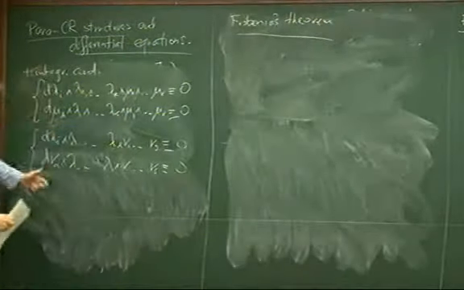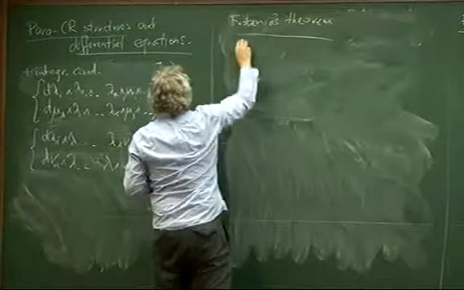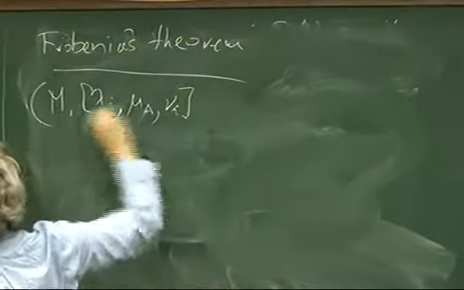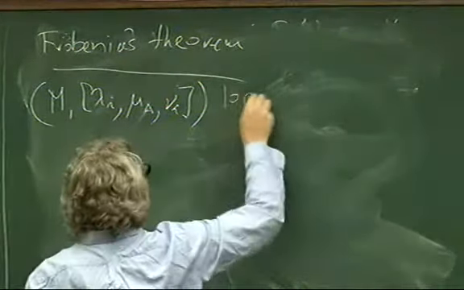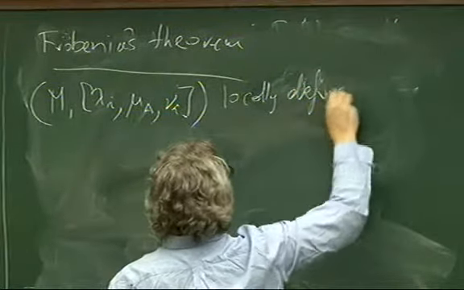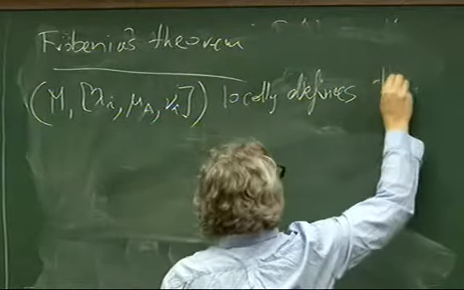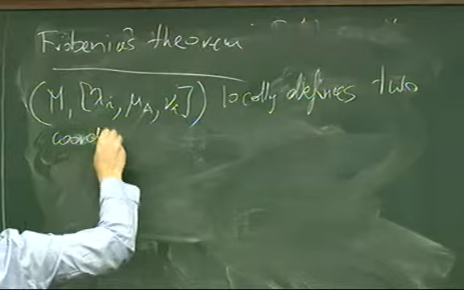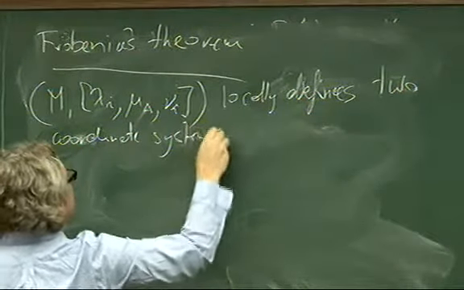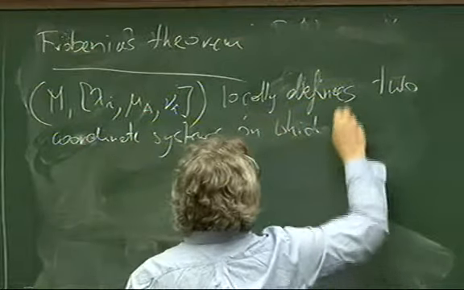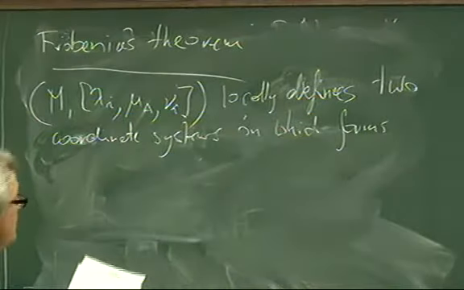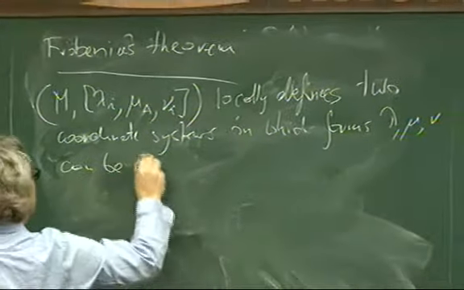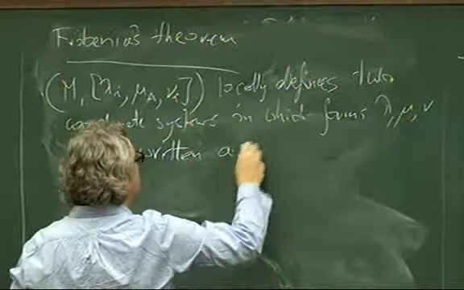The Frobenius theorem can be applied to this thing, and it tells me that the para-CR structure lambda_I, mu_A, mu_alpha locally defines two coordinate systems in which some representatives of these forms lambda, mu can be written as follows.